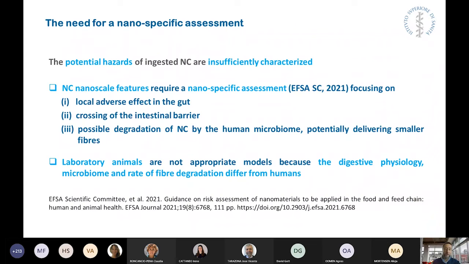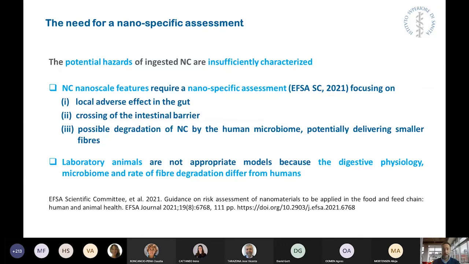It is interesting to note that in this specific case, laboratory animals are not appropriate models, because the digestive physiology, but also the microbiome and the rate of fiber degradation differ from humans.